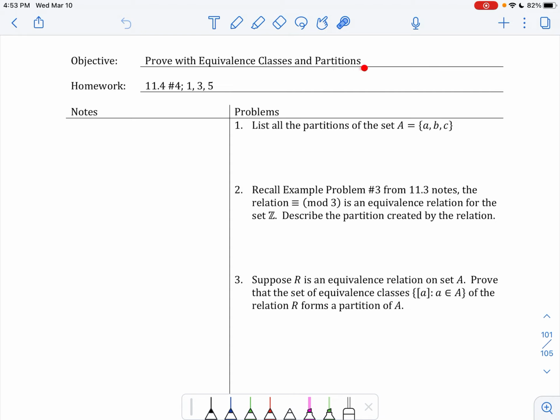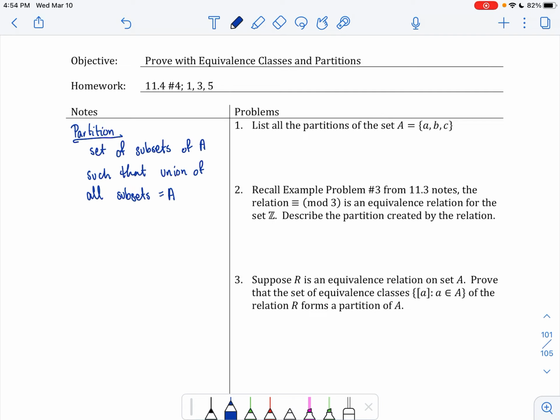We're going to start talking about equivalence classes and also this new idea called partitions. So the first thing that we're going to want to do is define partition. Now we would say that a partition of a set A is a set of subsets of A such that, and this is the important idea, the union of all the subsets equals A. So what that means is that there's no one left out.